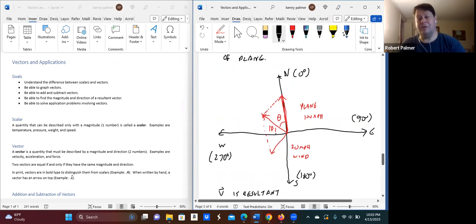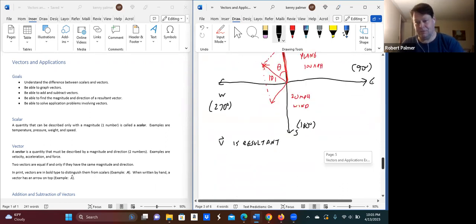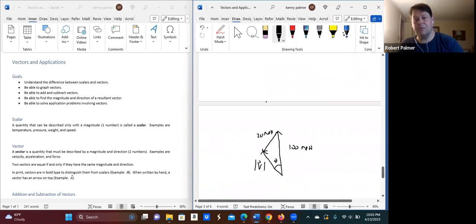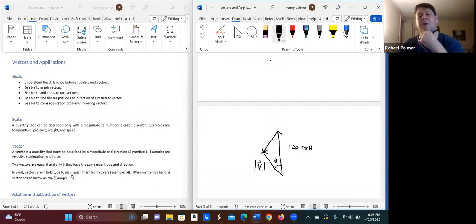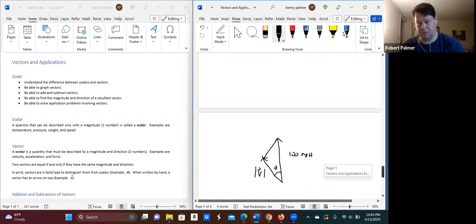So if we do that, I probably need to move some things around again. Okay. So let's make a horizontal line right here.